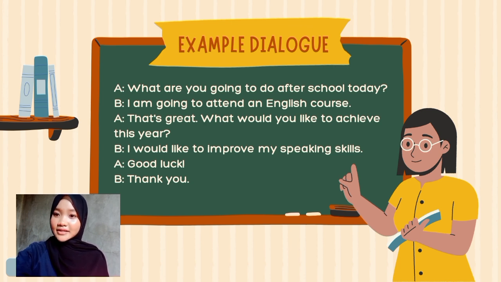Person B replies, I would like to improve my speaking skills. This time, would like to is used because improving speaking skills is a goal. So, this dialogue helps us understand the different uses of this expression.